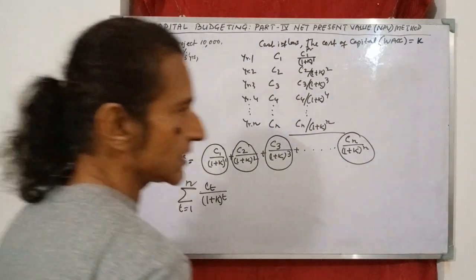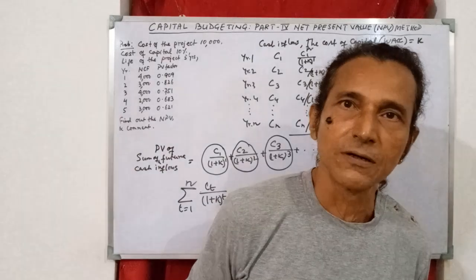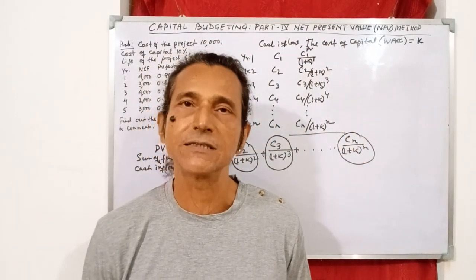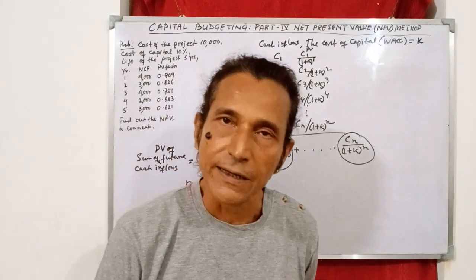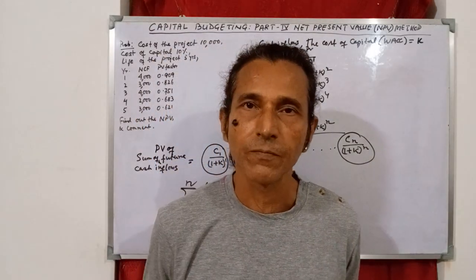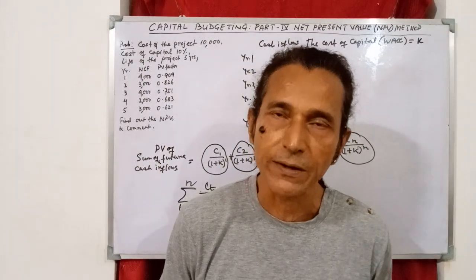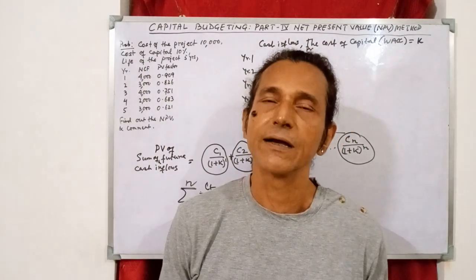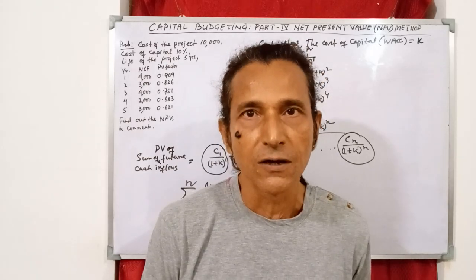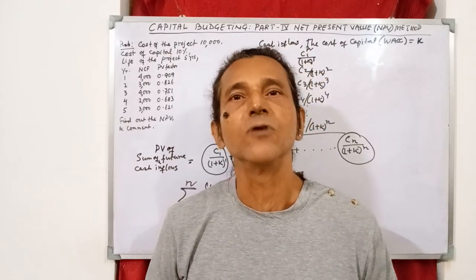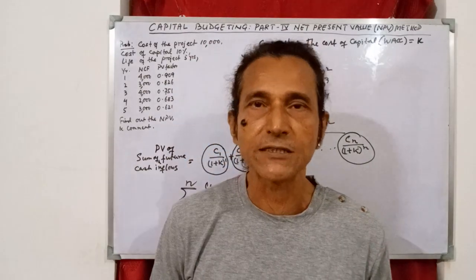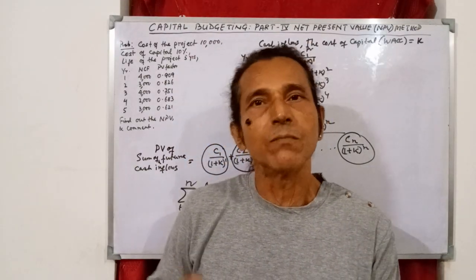Now the cash outflow may take place only once, that is the firm has invested the initial cash outlay and no further investment is made, or it may so happen that the firm has to make additional investments either in the form of working capital or for upgrading or updating the technology. In that case, there will be a number of cash outflows.